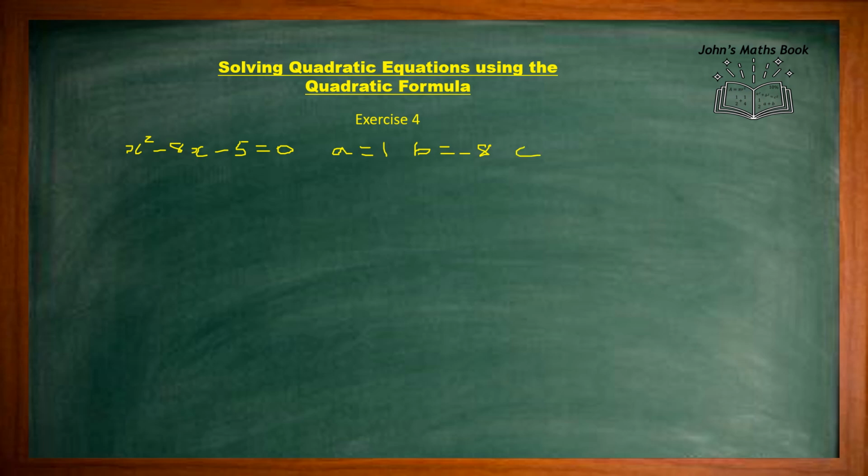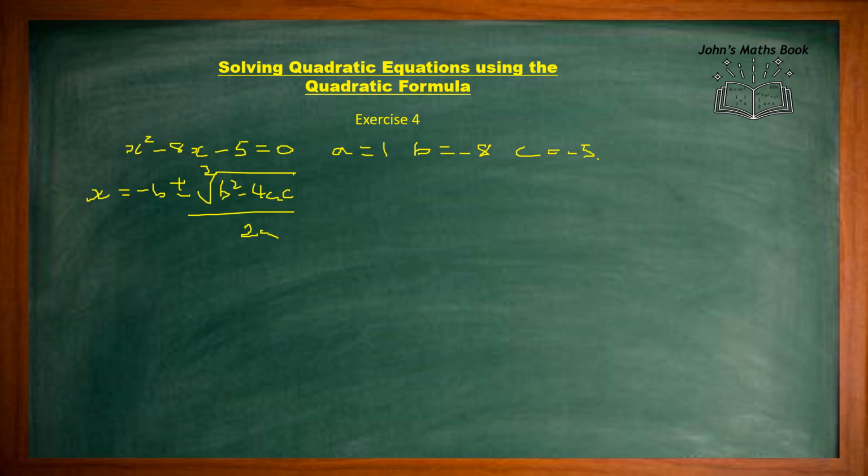And c is equal to minus 5, the constant term. So let's write down our quadratic formula. x is equal to minus b plus or minus the square root of b squared minus 4ac, divided by 2a.